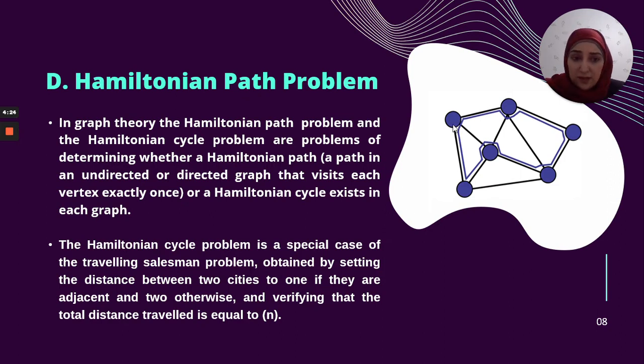The Hamiltonian cycle problem is a special case of the traveling salesman problem, obtained by setting the distance between two cities to 1 if they are adjacent and 2 otherwise, and verifying that the total distance traveled is equal to n.